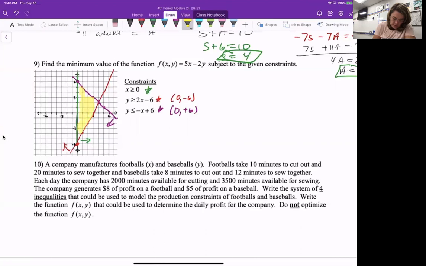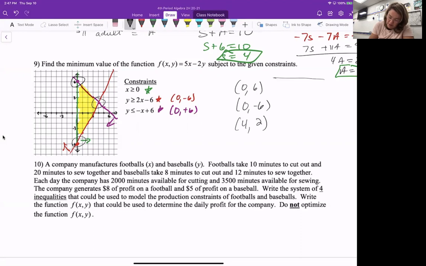But in order to answer the problem, we have to find the vertices. And so what are the vertices? They are 0 and 6, 0 and minus 6, and looks like x is 4 and y is 2.